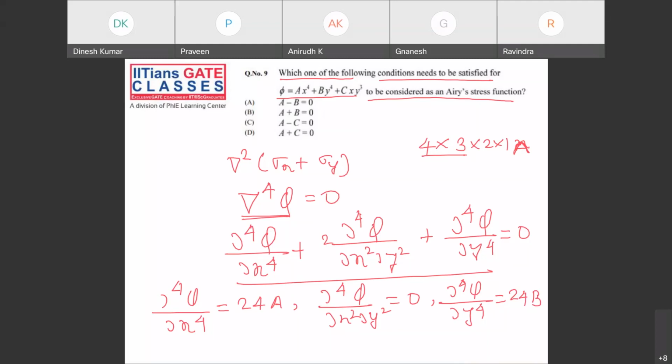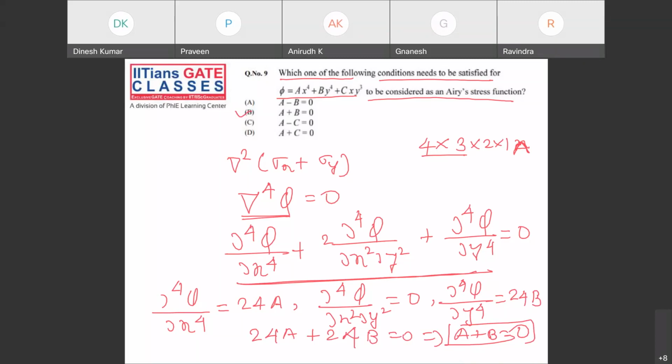So if you substitute in this equation, what you get is 24a plus 24b equal to 0. From here we get a plus b equal to 0. So the correct answer is B.